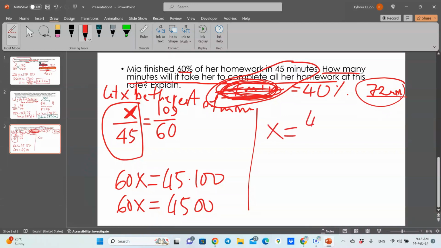To find x, it's 4500 divided by 60 equal to 75. Wait, no, no.